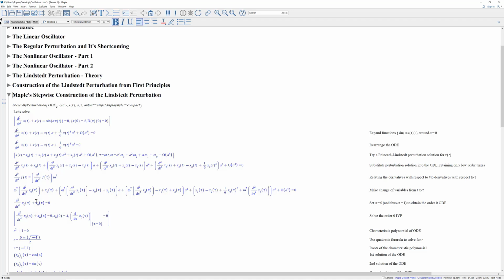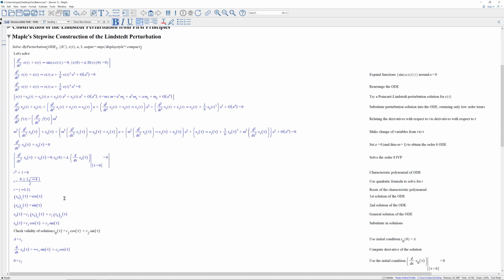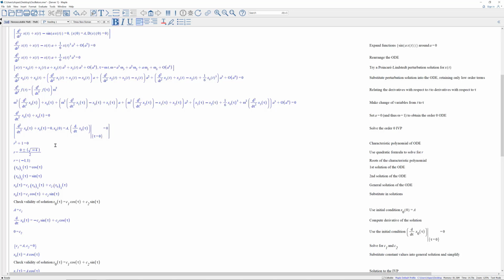Here is the first differential equation. Here is the first initial value problem. And I believe at this point, Maple spends too much time solving this simple initial value problem. It solves it from very, very basic first principles, and it takes all the way down to here to discover the solution.